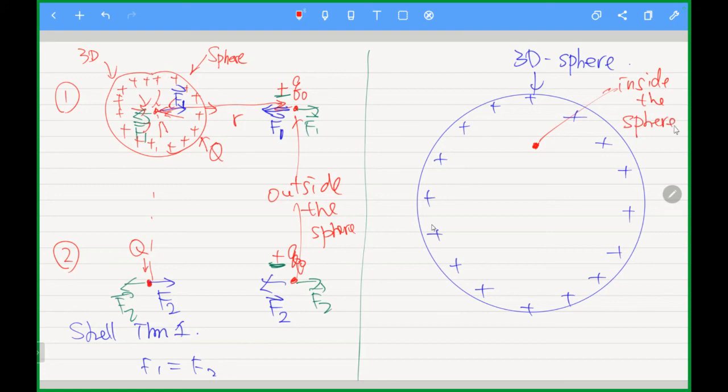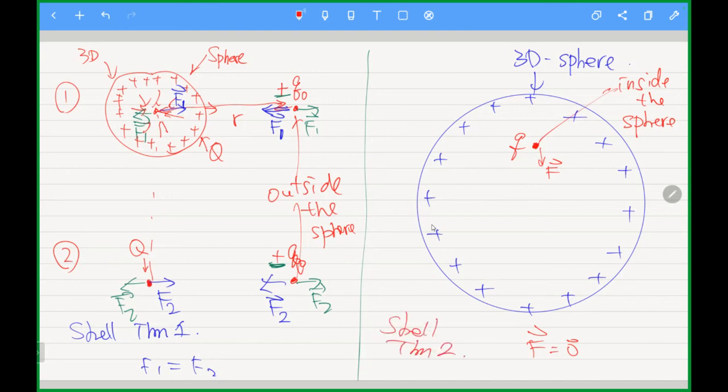It tells you that no matter which point this charge is at, whenever it is inside the sphere, the force acting on this charge will be 0. There will be no net force acting on a charge inside a uniformly charged sphere. Okay, this is shell theorem 2.